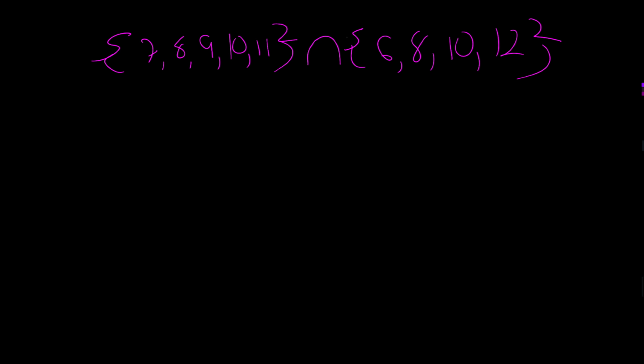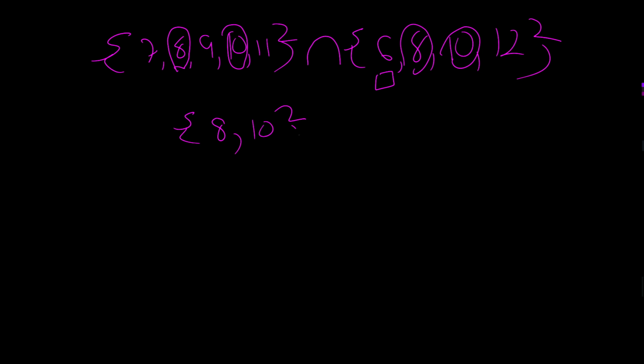And so I need the things that are in both. Well, this is a straight series of numbers, 1, 2, 3, right? It goes by ones, 7, 8, 9, 10, 11. And this is even numbers. So 6 isn't in here, but 8 and 10 are. So 8 is in there, and 10 is in there. Right? 8 and 10, but 12 isn't in there. And so we can say the intersection between these two sets is the set of 8 and 10. And so we grab the common elements out, and they become usable for us for other things.